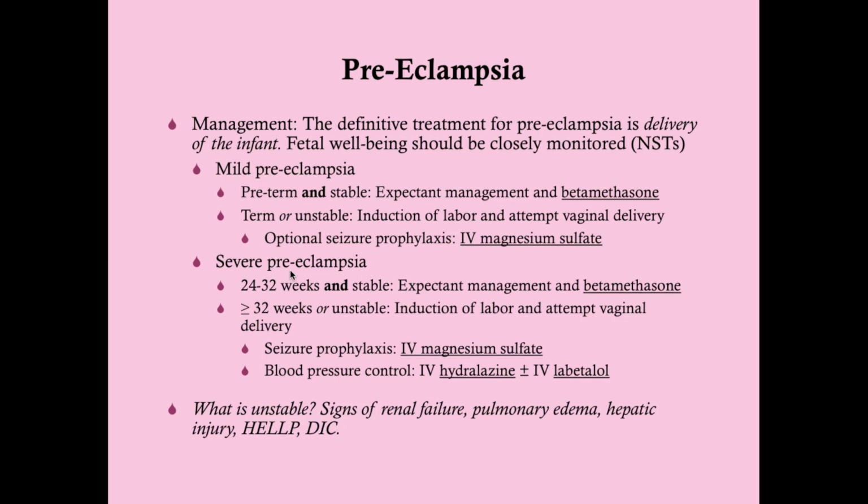Now, with severe preeclampsia, we're in a little bit more problematic situation where we need to be a little bit more aggressive. So if she's 24 to 32 weeks and she's stable, we don't want to induce her. We want to wait as long as we can because the baby is still developing. So we do expectant management, we admit her to the hospital, and we give her betamethasone because if something goes wrong, and it very well might because she has severe preeclampsia, we want that baby's lungs to be developed and matured.